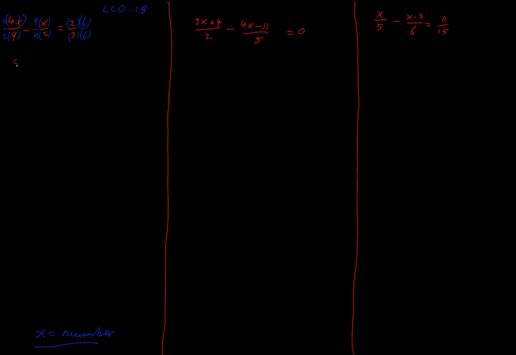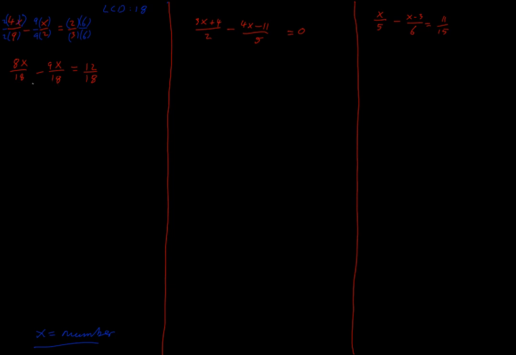So we multiply that out and we get 8x all over 18 minus 9x all over 18 is equal to 12 all over 18.